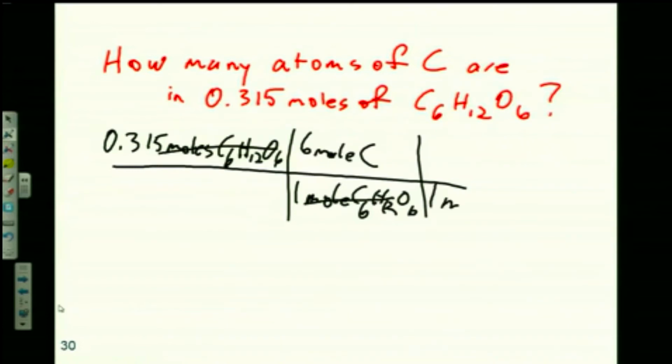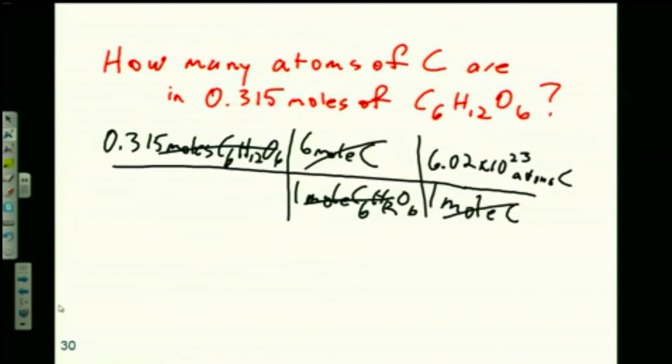Then 1 mole of carbon has how many atoms? 6.02 times 10 to the 23rd atoms. Now, I don't know what the answer is. 1.14 times 10 to the 24th.